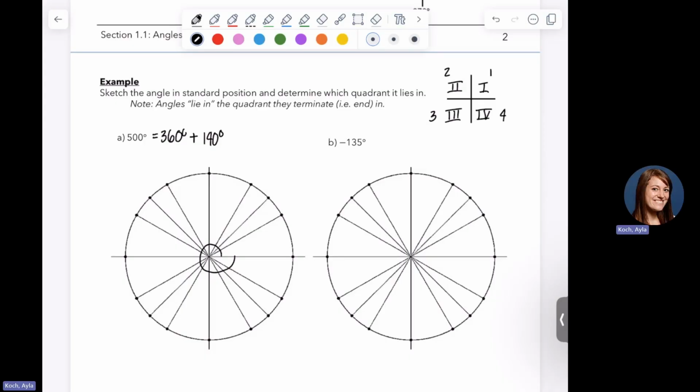We know this guy right here was 150 degrees. This one was 135 degrees. So this extra 140 degrees is going to be somewhere between these two, closer to the 135 than it is to the 150. So maybe it's like here-ish. You do your best.